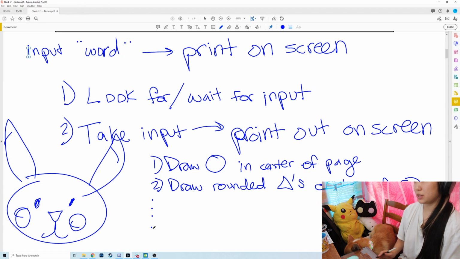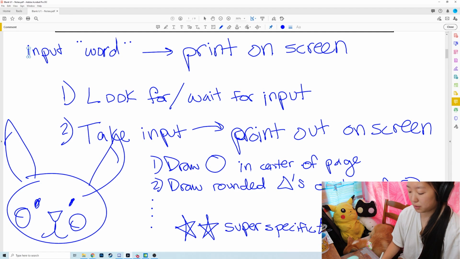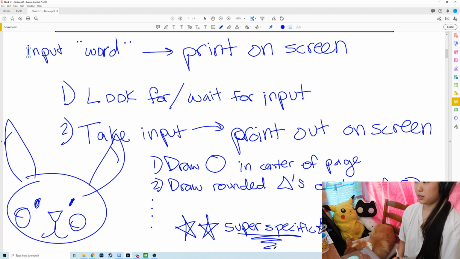You'll practice using this, but the main idea you need to know, and this is important, is that it has to be super specific, because as you might know already, and I'm going to say this many times, computers are dumb. So if you aren't very specific with them, they're going to take the most literal sense and it might not be right.